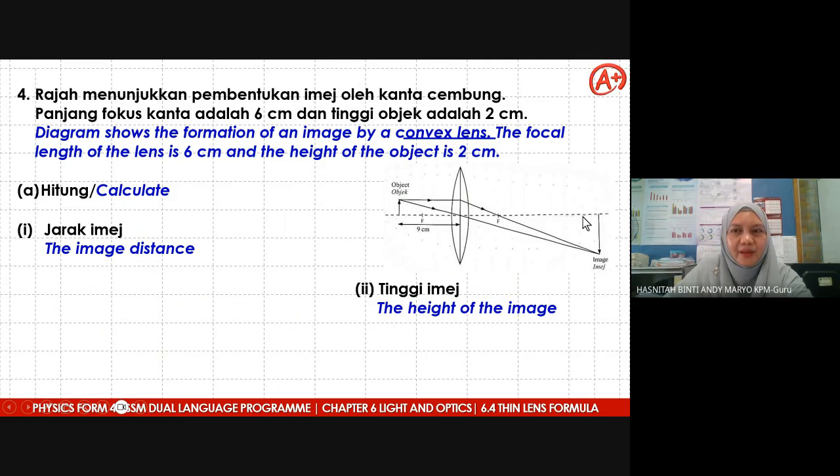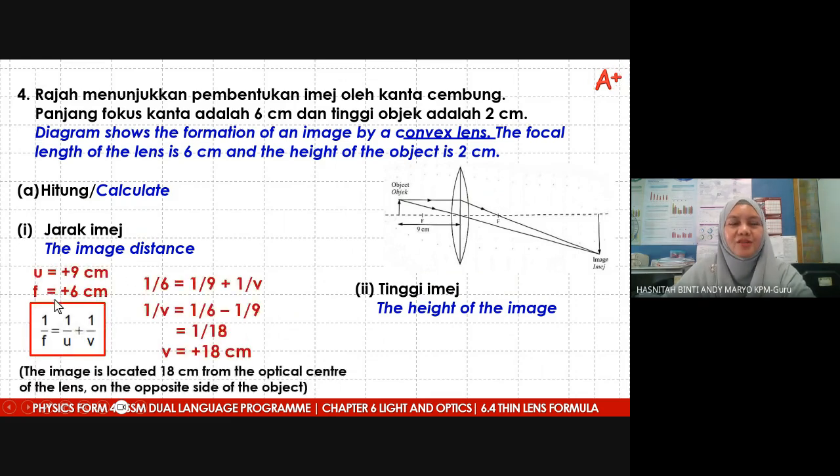So from the image you can see it is a real image. Why real? It is formed on the opposite side of the object, and it is inverted. And the size you can compare, it is magnified. So our image is real, inverted, and magnified. Now find the image distance. Again, find V, using the thin lens formula.